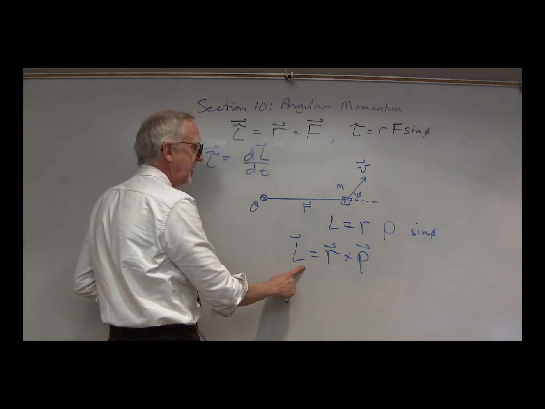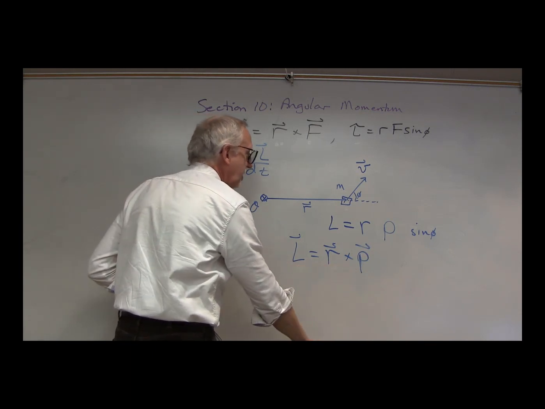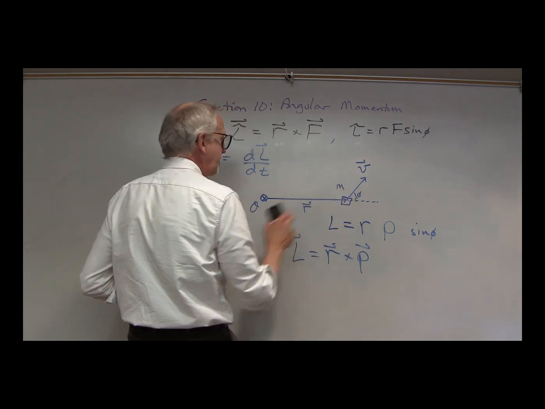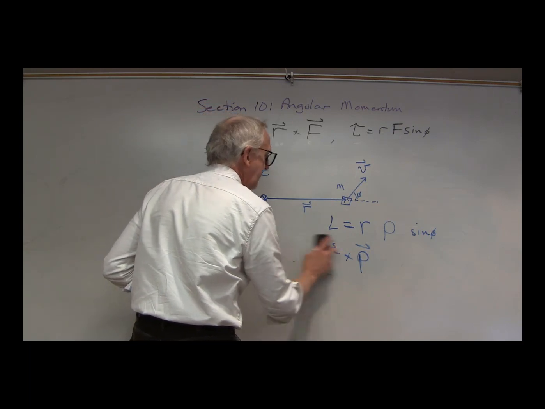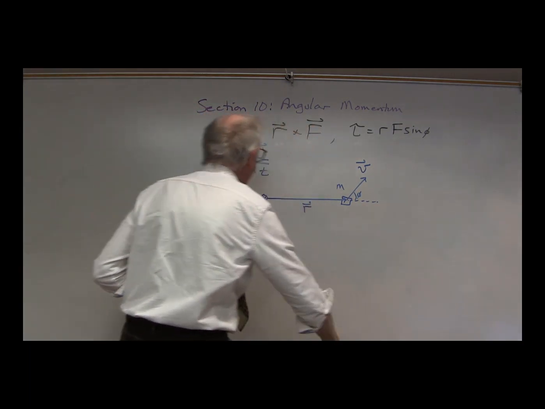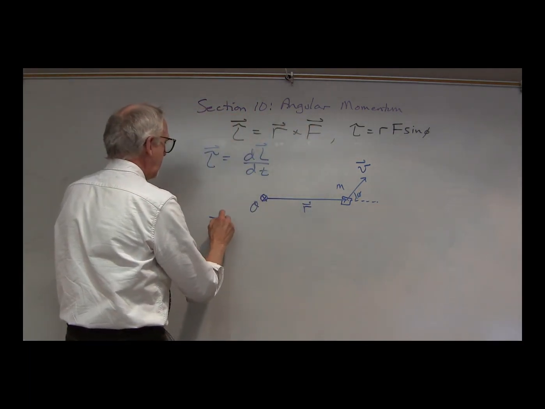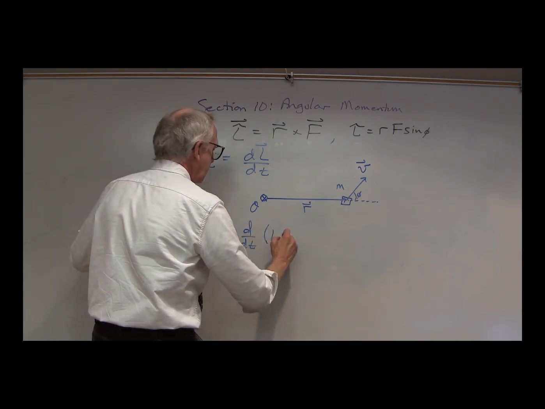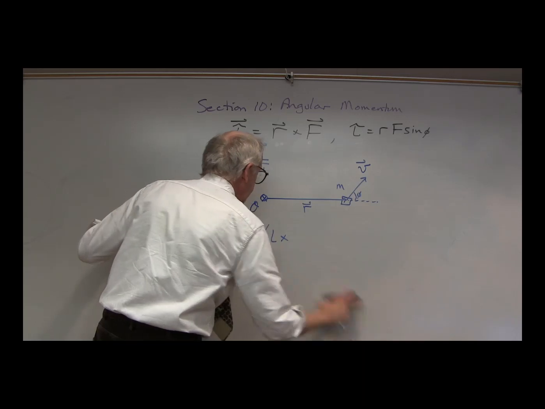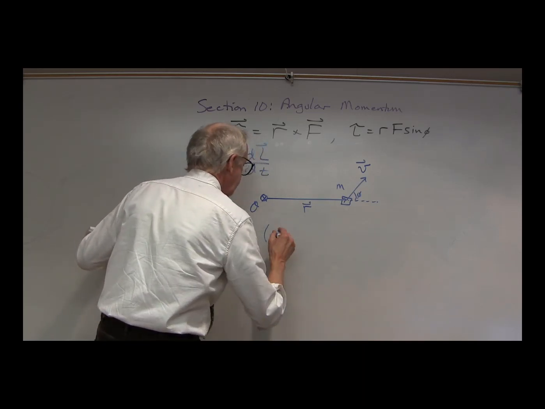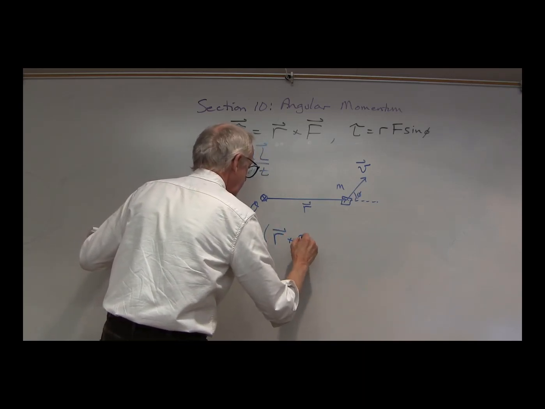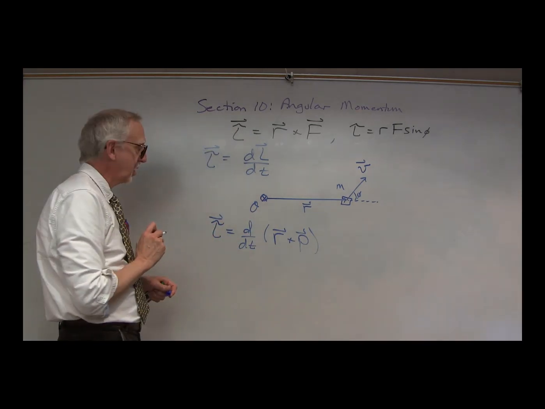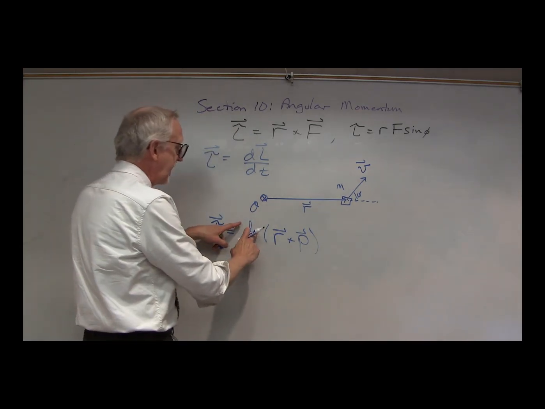Well, let's see, using L is R cross P. So does tau equal d by dt of R cross P? Does that still work? Well, what do we get? We get d by dt. Now, we already talked about how to take the derivative of a cross product.